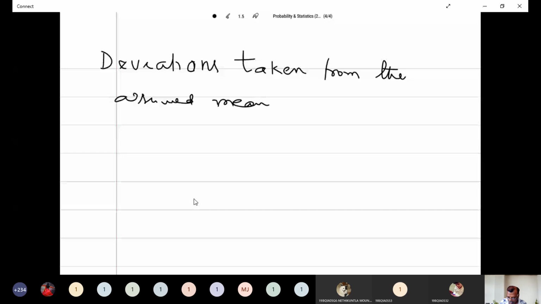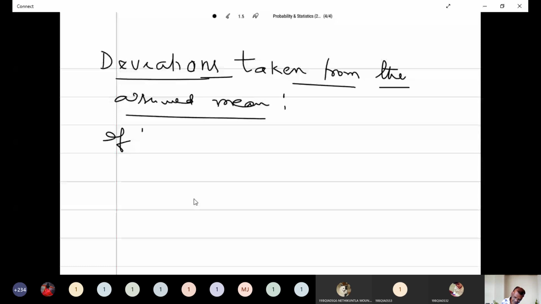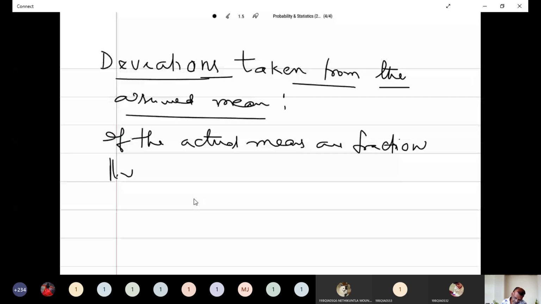That means when we have to use the assumed mean, if the means are in fractions, if the actual means are fractions, then this method is used.